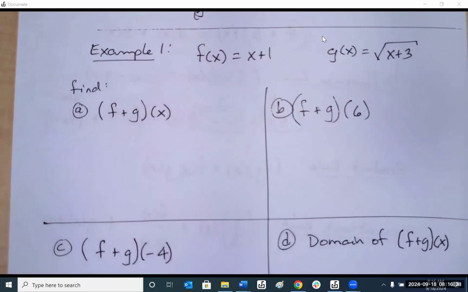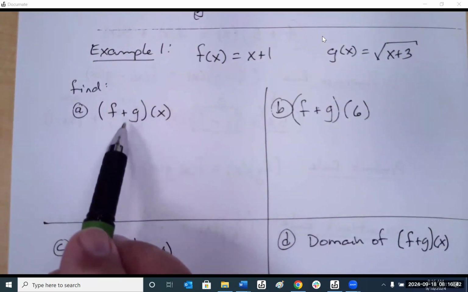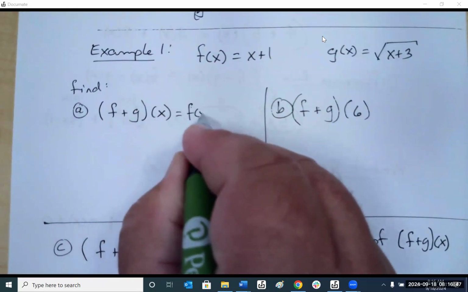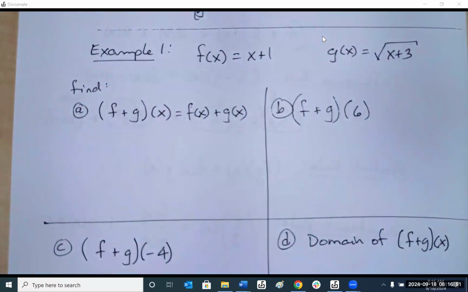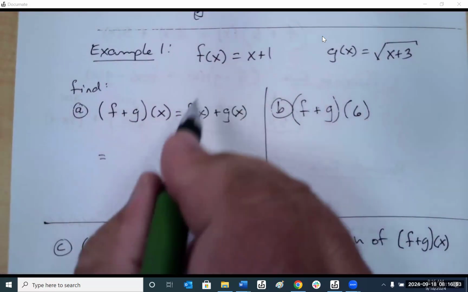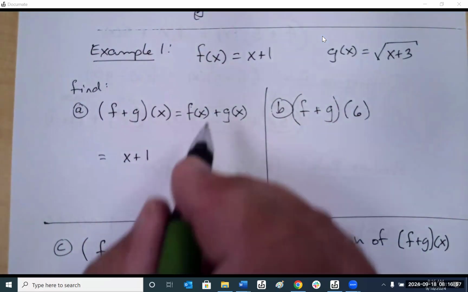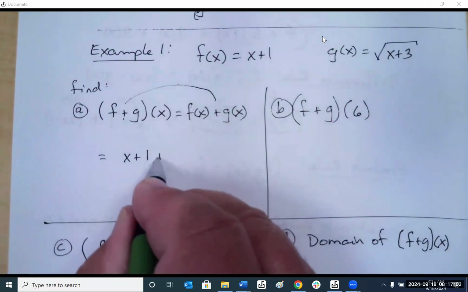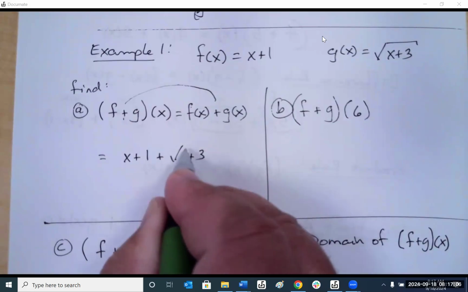So how do we do this? Well, we have to first remember, what's the rule say about the sum of two functions? It's f of x plus g of x. So f of x is x plus 1. Since we have the addition symbol, it's plus the square root of x plus 3, which is g of x.